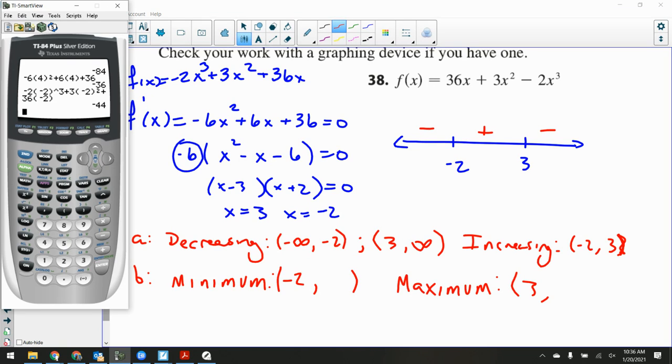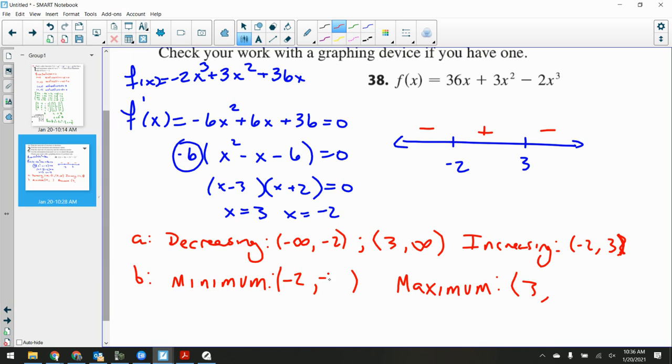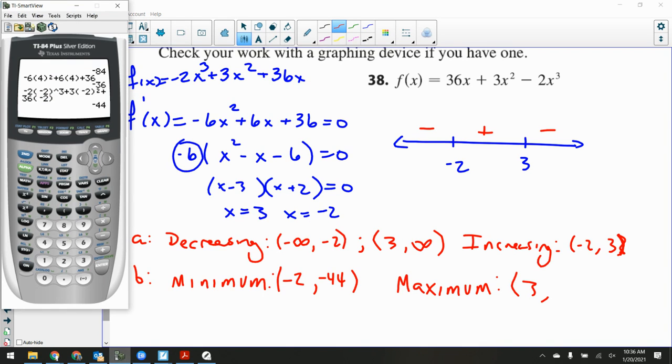So -2 comma -44. And then the maximum is going to be at 3. So let's say -2 times 3 to the third plus 3 times 3 squared, which is 9, plus 36 times 3.